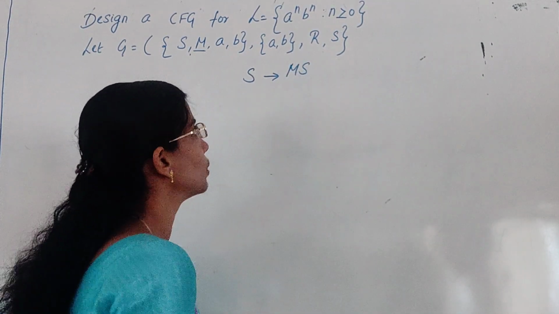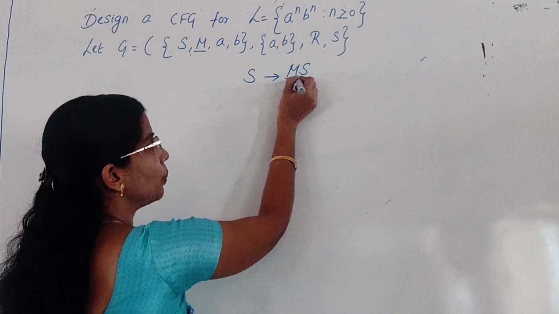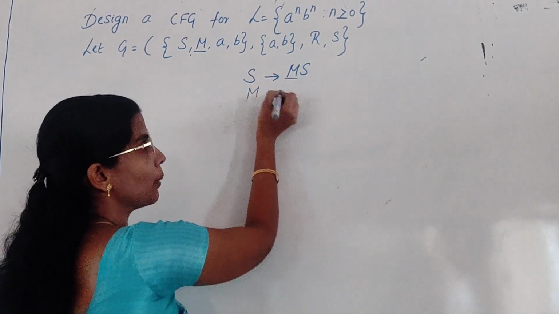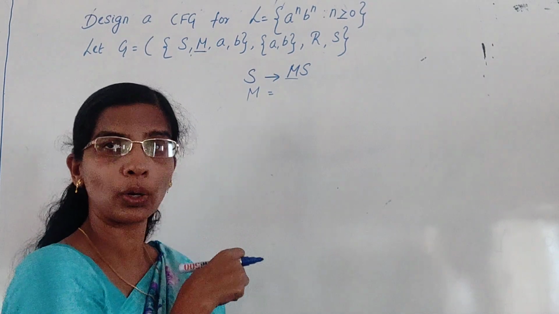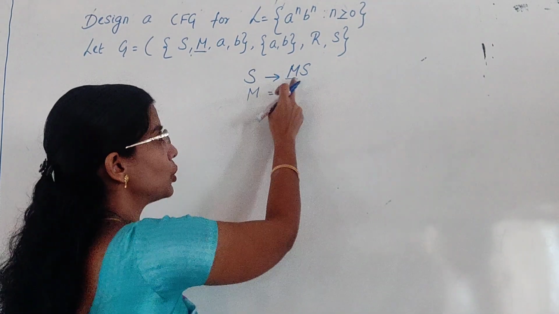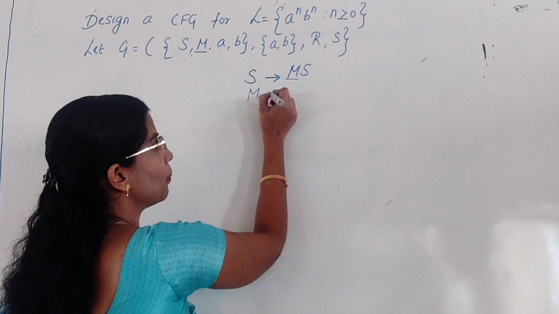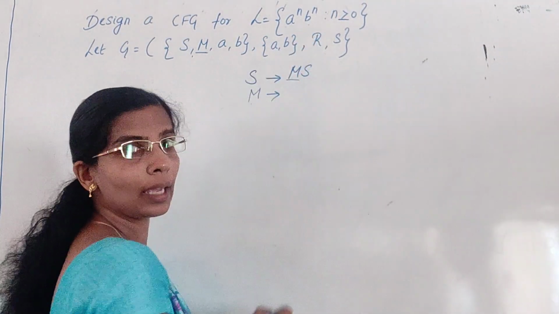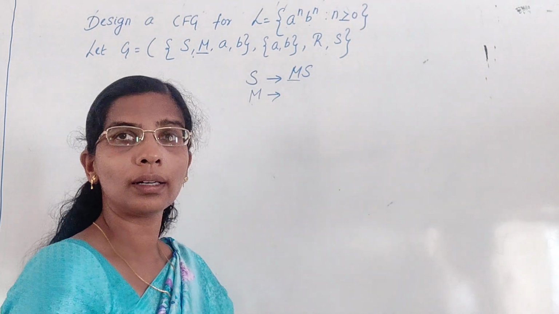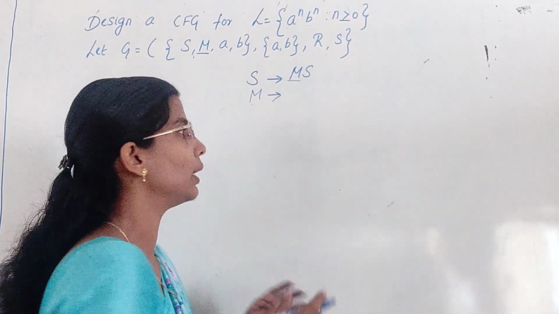Right? So next, what could be this M? I should write what is M. For every non-terminal, there should be some production. Right? You should write the productions. What is M? This M I use for generating this A and B. How can I generate? From outside to inside.